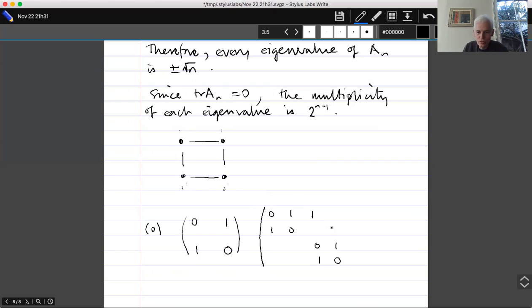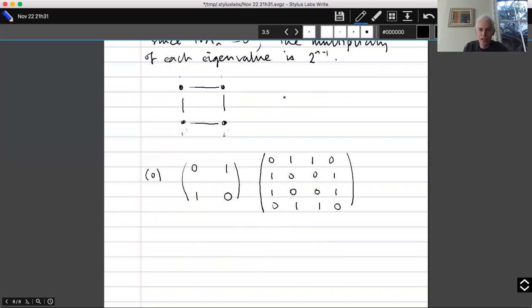So I'm putting in a little identity matrix. And in general, if I want to get from an n-1-dimensional cube to an n-dimensional cube, I'll call it Bn. We'll have Bn equals an n-1-dimensional cube and another n-1-dimensional cube, and then edges that join corresponding vertices.